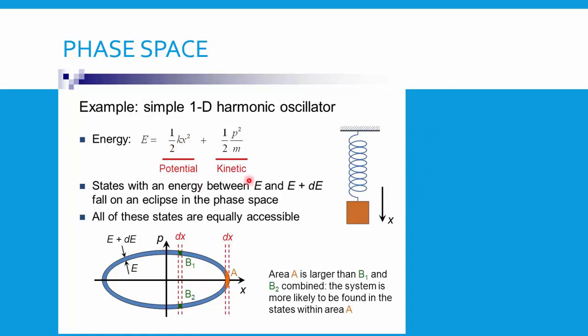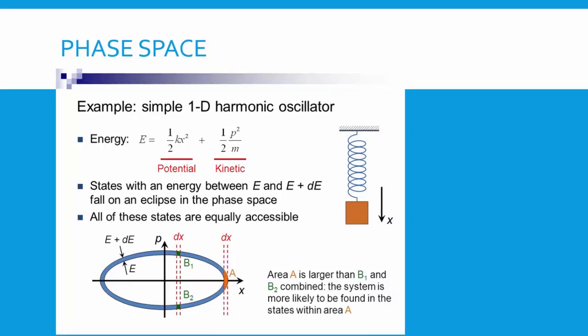This is a one-dimension example, and you will have kinetic energy in terms of p, where p is the momentum. When you plot the phase space, you have the momentum in the y direction and the position in the x direction, and the plot for this example looks like this. So this is the example phase space plot for a one-dimension harmonic oscillator.